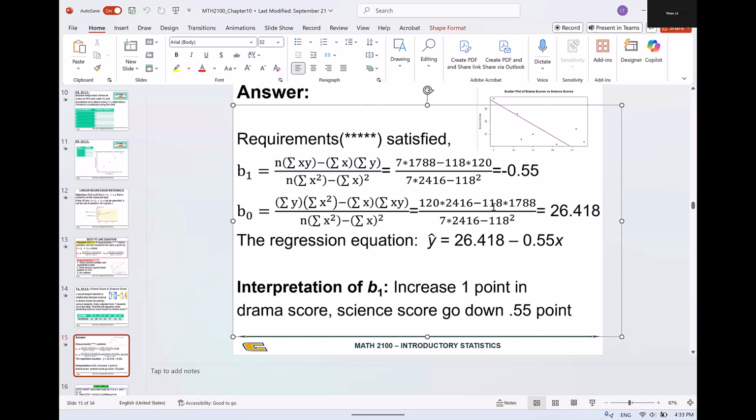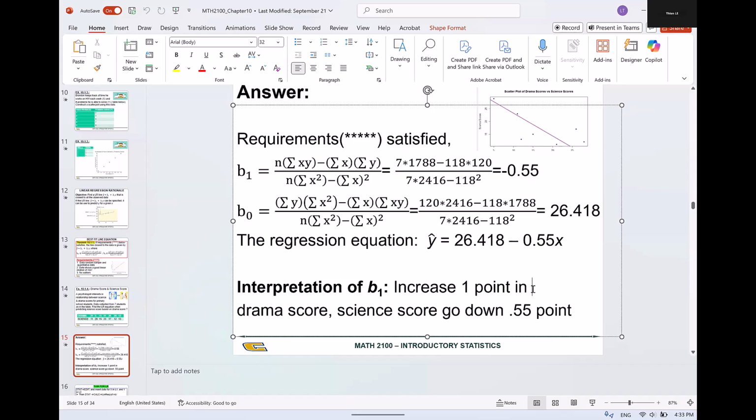Similarly, you can also find B0, which is 26.418. And here is our line. The best fit line here has an intercept of 26.418 and a slope of negative 0.55. The interesting thing here is that we find a negative slope.